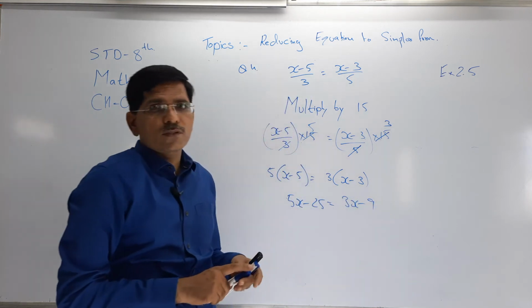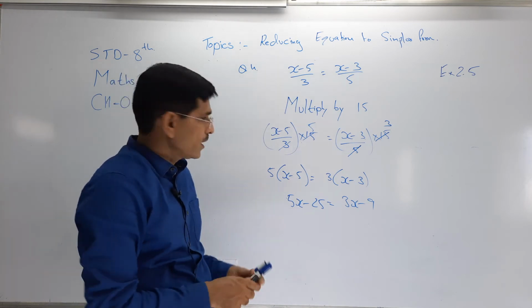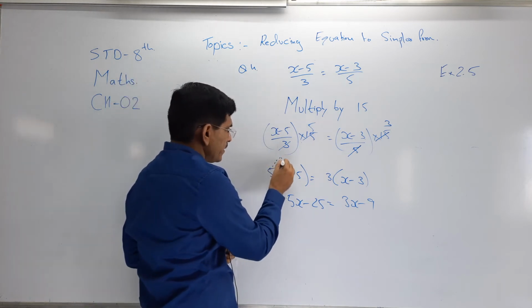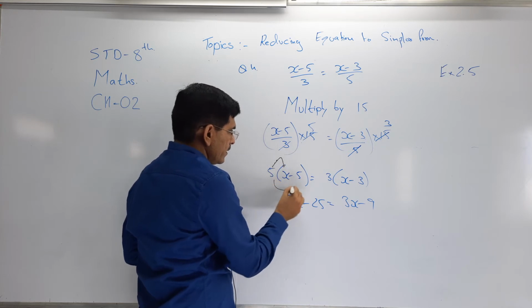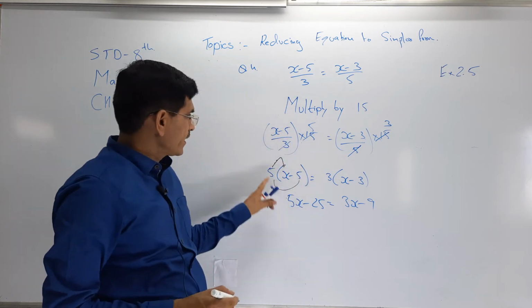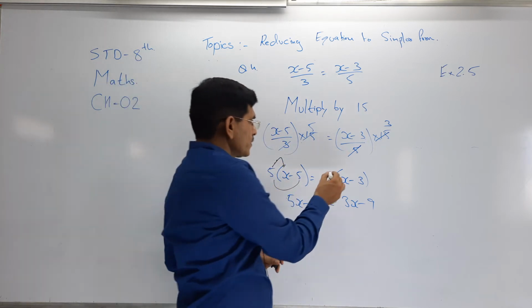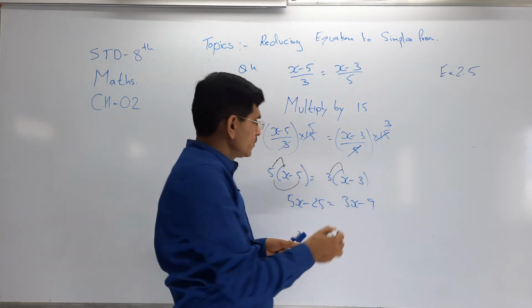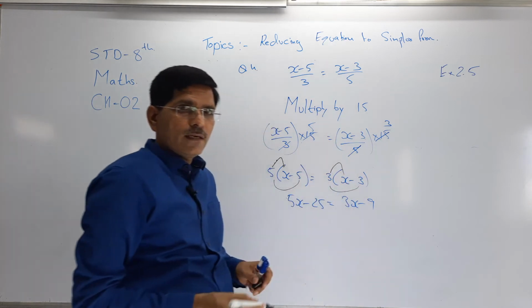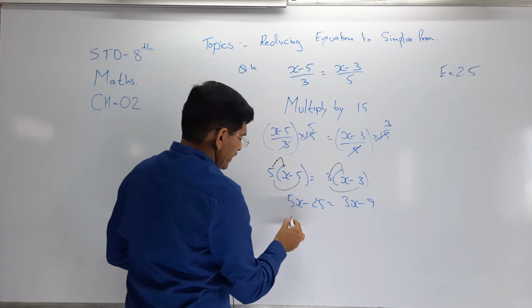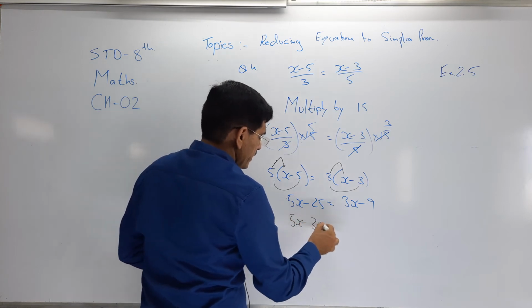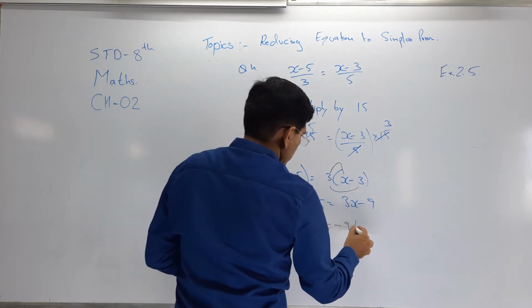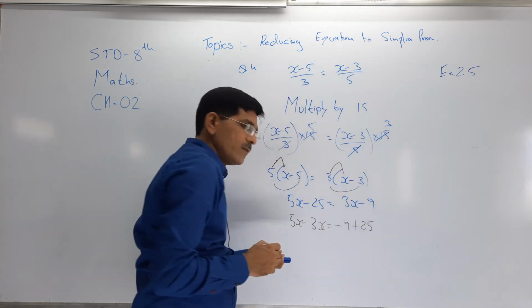Mostly students make mistakes when opening the bracket. So 5 into x is 5x, 5 into 5 is 25, 3 into x is 3x, 3 into 3 is 9. Now we have to simplify: 5x minus 3x is equal to minus 9 plus 25.